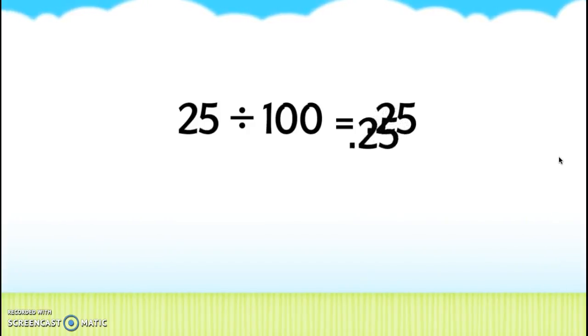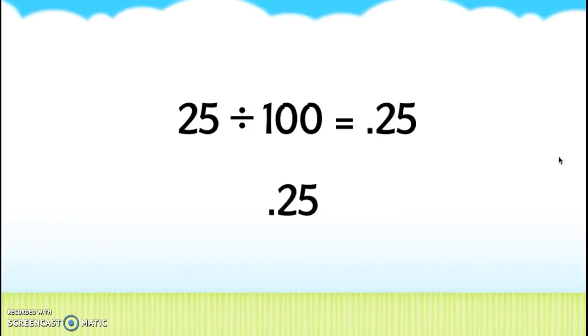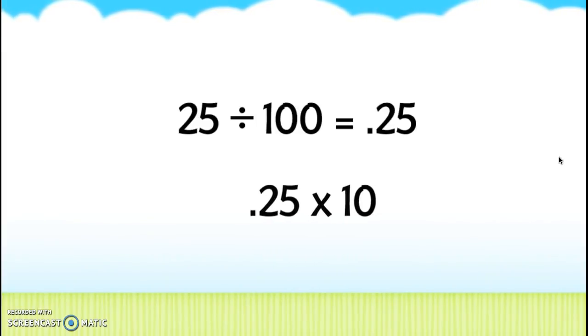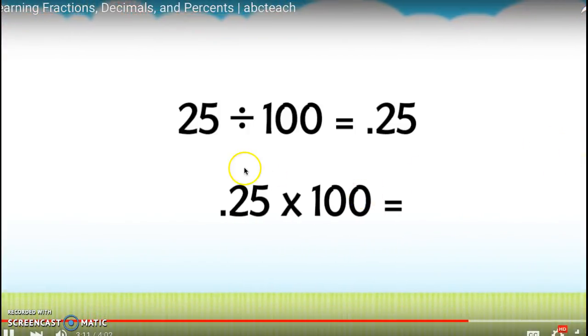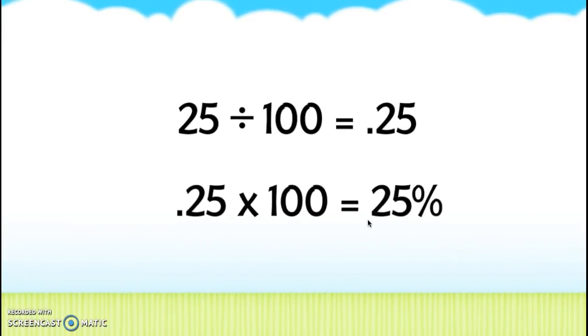You see that the fraction 25/100ths equals 0.25 of the whole number, 1. To turn the decimal into a percent, multiply it by 100. 0.25 times 100 equals 25, or 25%.